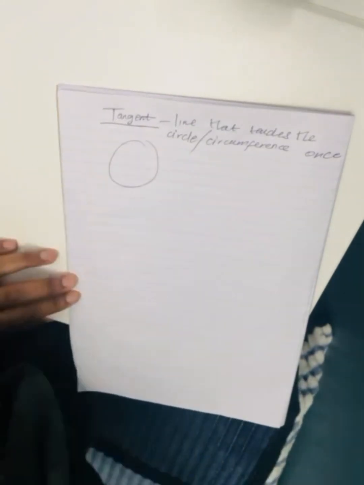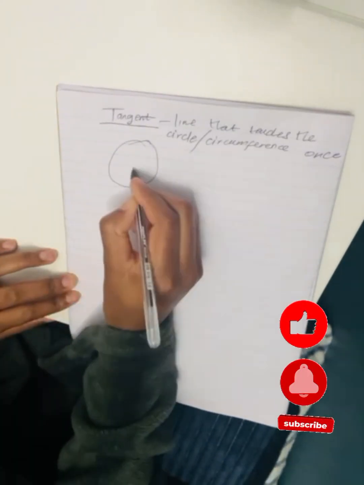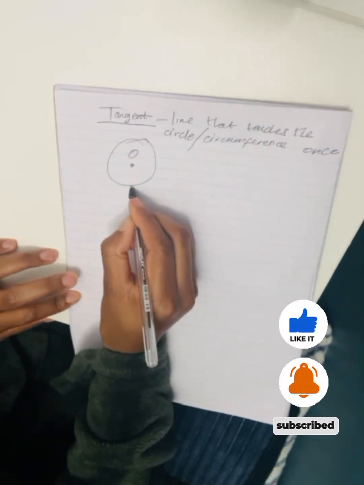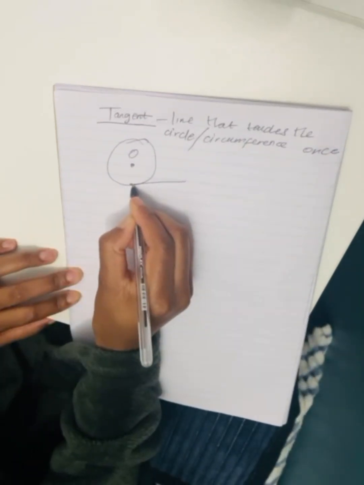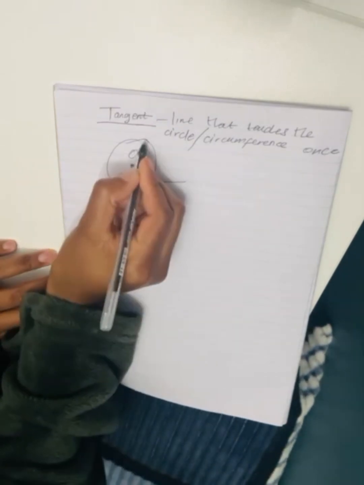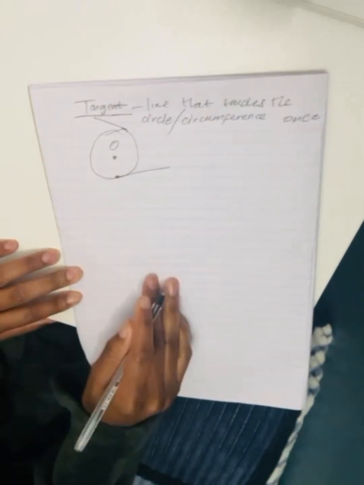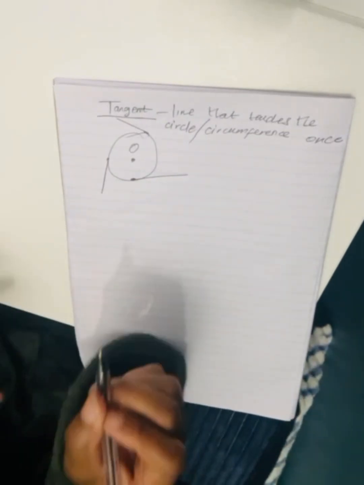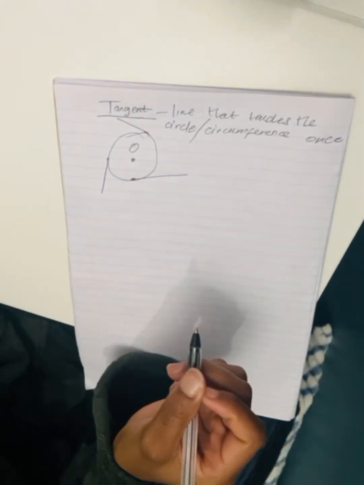Let's say you have a circle. This is your center O. A tangent will pass once. It can come from this side, or it can go from here to there, as long as it touches the circumference once.